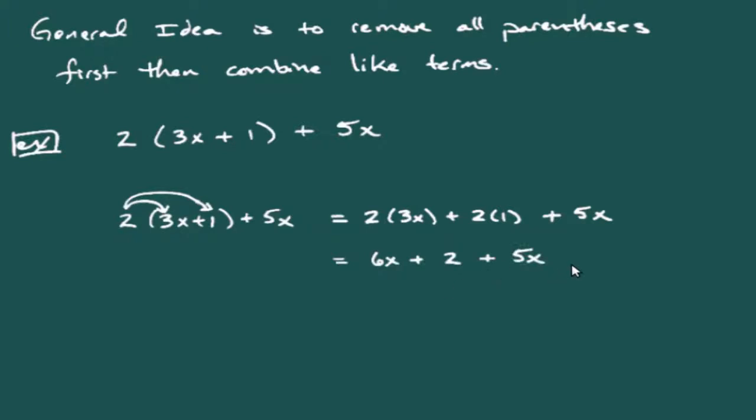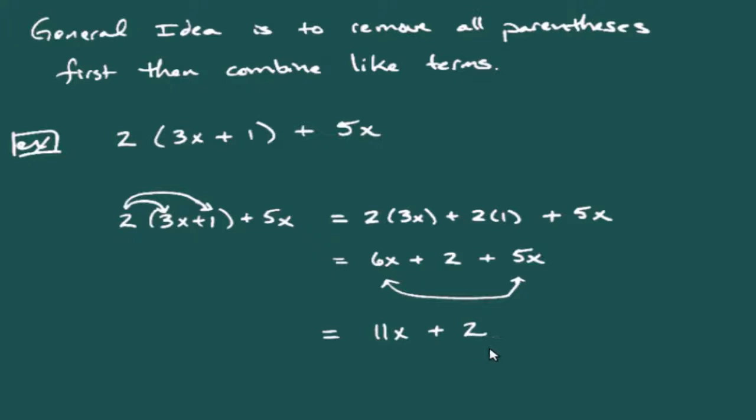Now if we look for like terms, we've got a 6x and a 5x as like terms. If I've got 6 of something plus 5 of something, then 6 plus 5 gives us 11 of that something, so 11x plus the 2.